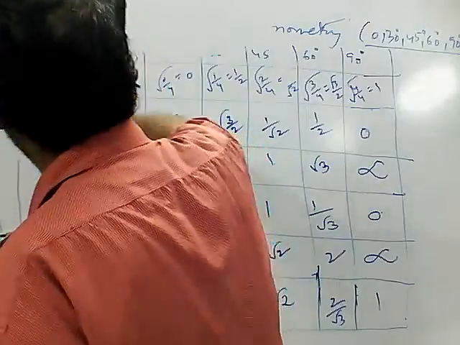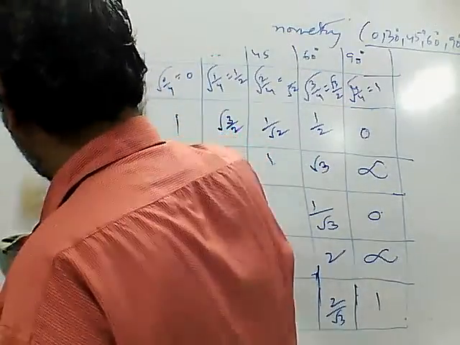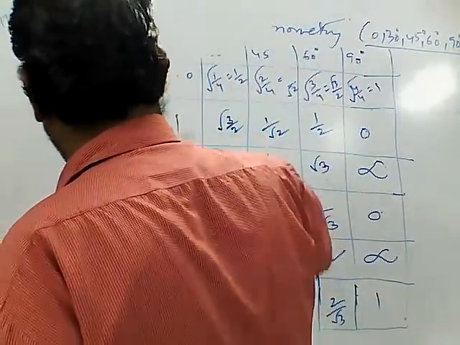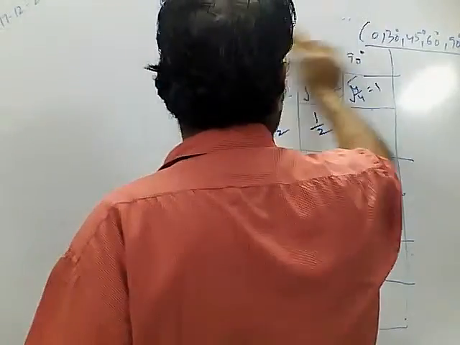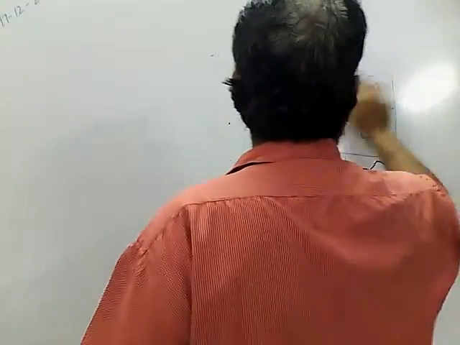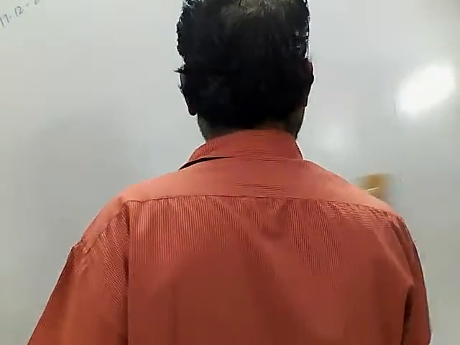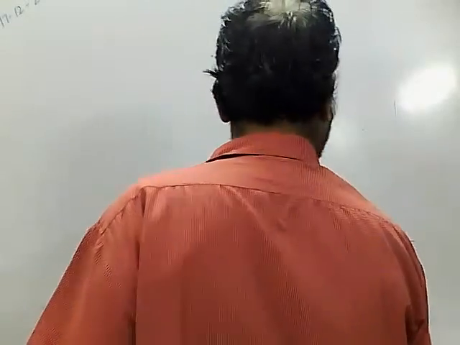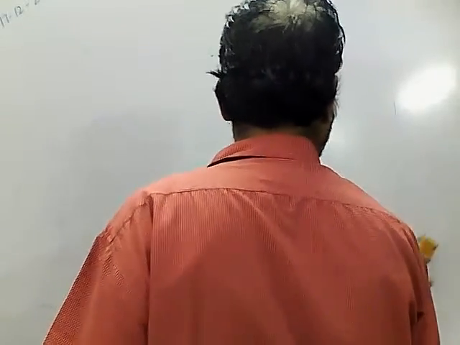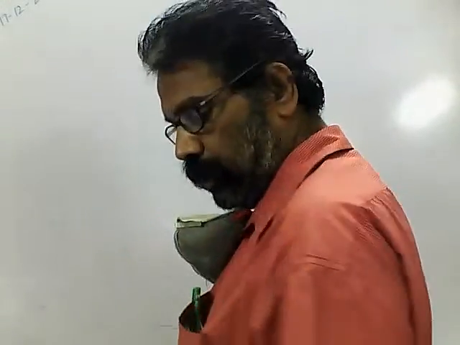Now see here. For each trigonometric ratio we are finding the value at angle 90 degrees.